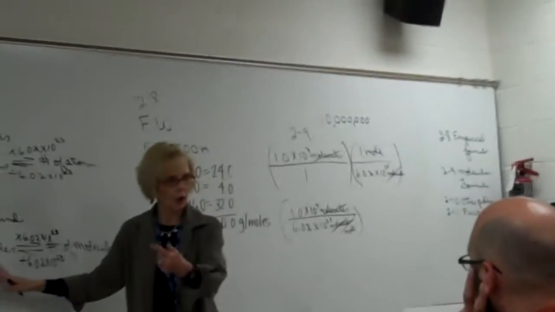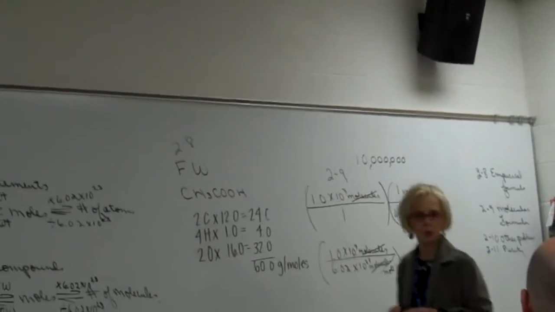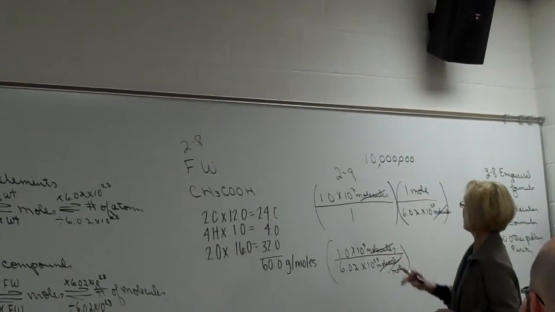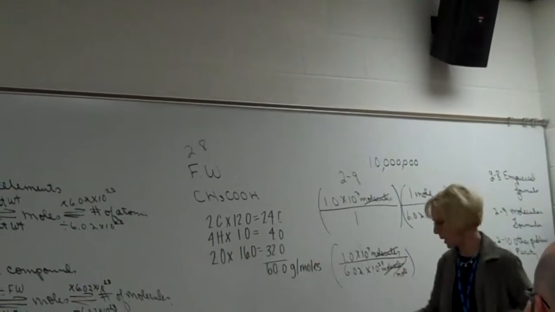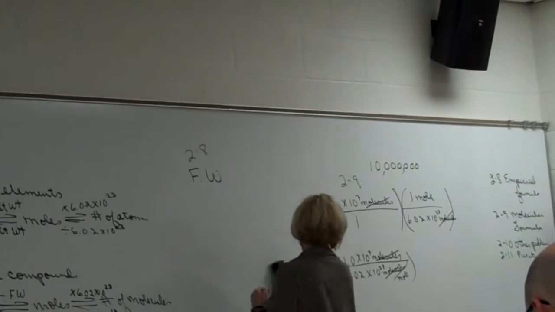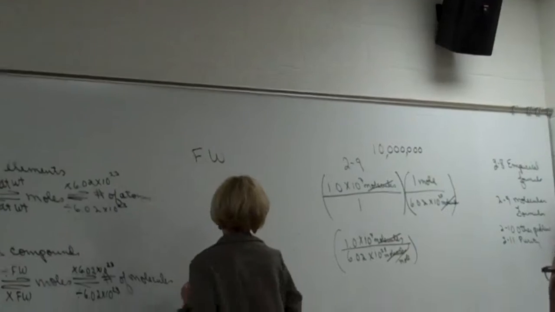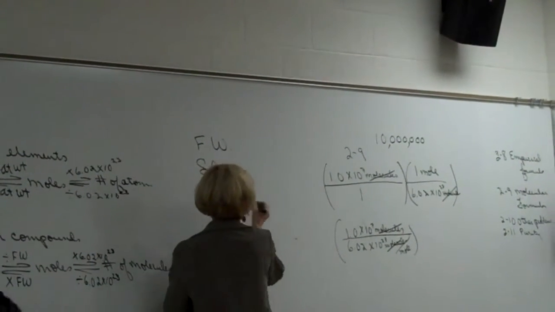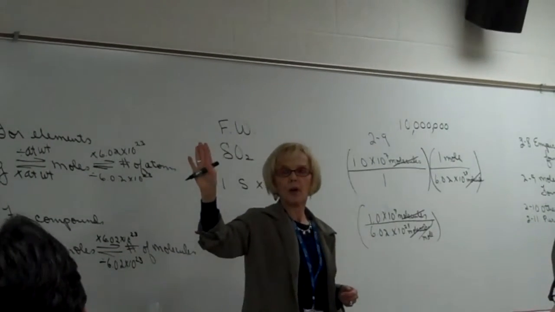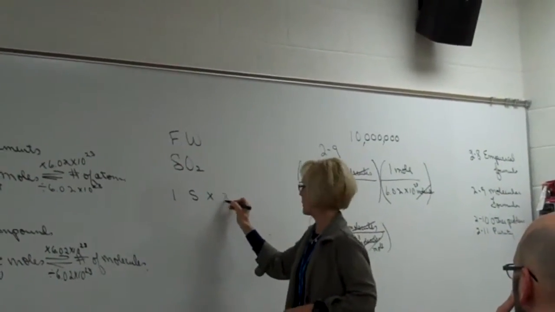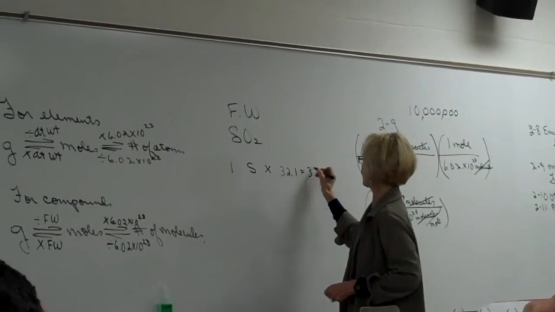Now, if I want to go on, Tran, what do I need to do? Okay. Now, formula weight of that, we could set up a table, but when the molecule is so small, sometimes I bypass that, but let's go ahead. SO2, 1 sulfur. Okay, look up there. Russell, what shall I use to the nearest tenth? 32.1.